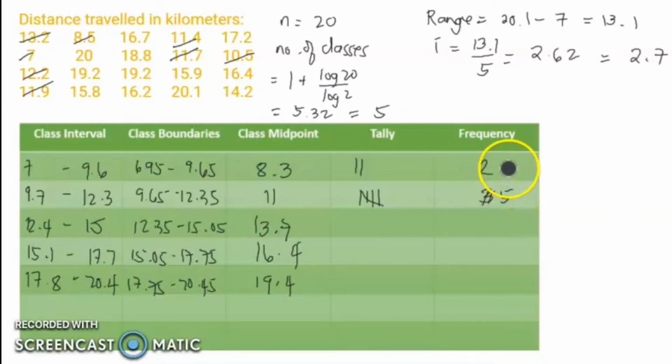So 12.4 to 15. How many did I say earlier? 1, 2. Okay. The next one will be 15.1 to 17.7. 1, 2, 3, 4, 5, and 6.